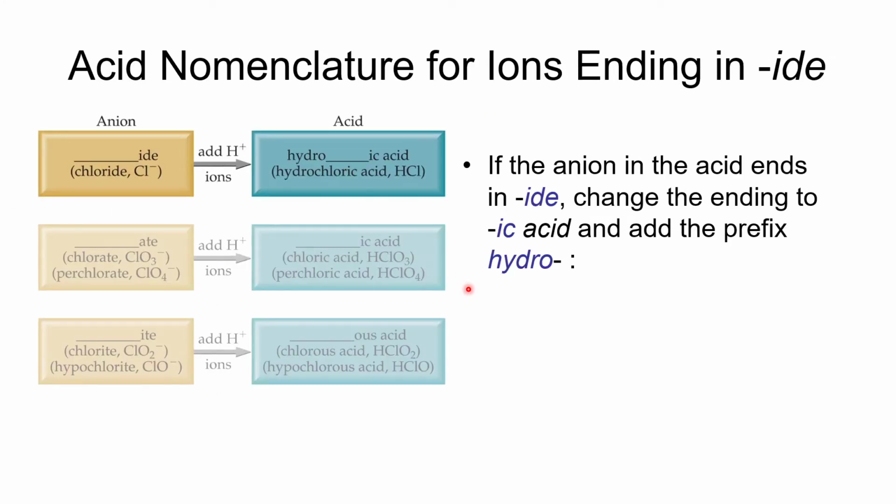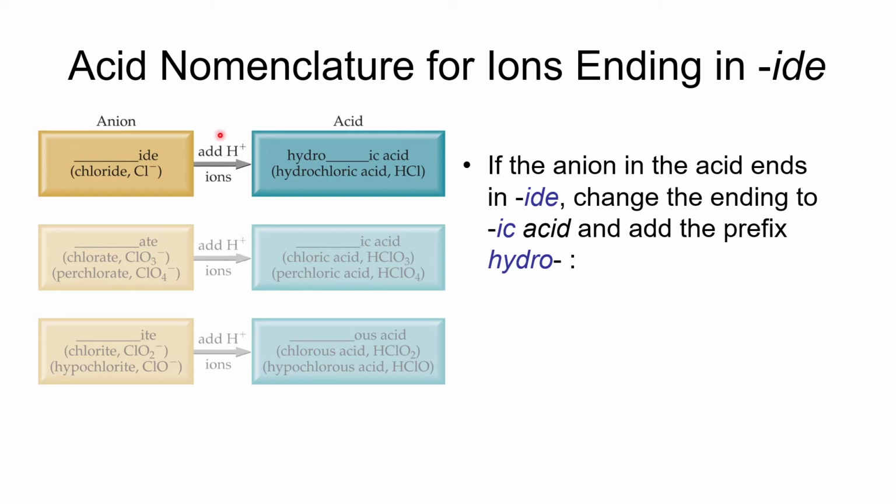So the next thing that we want to look at is acid nomenclature. With acid nomenclature, there are 3 kinds of acids that we want to write. So if we think of an acid as an anion where we've added hydrogen until it becomes neutral, then there's 3 types. There's the kind where the anion ends in "ide," the kind where the anion ends in "ate," and the kind where the anion ends in "ite."